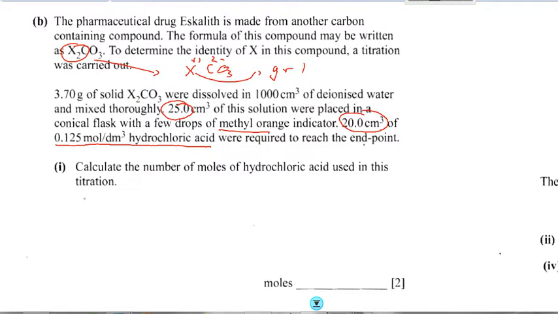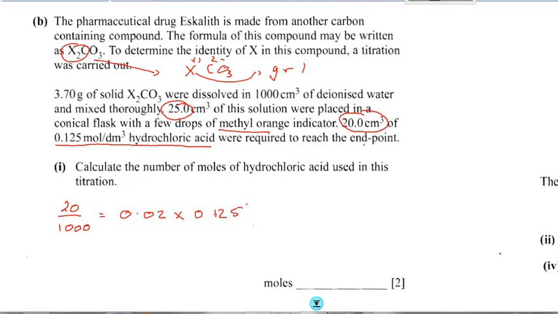Calculate the moles of hydrochloric acid. Well, the volume of hydrochloric acid is 20, so 20 over 1,000 converts it into dm cubed, which gives me 0.02 dm cubed. The concentration of it is 0.125.